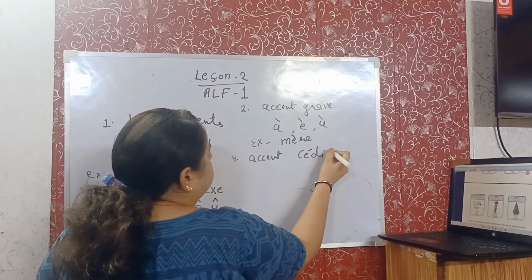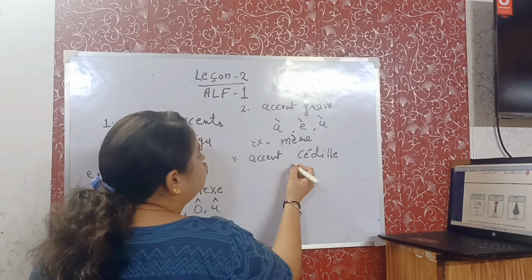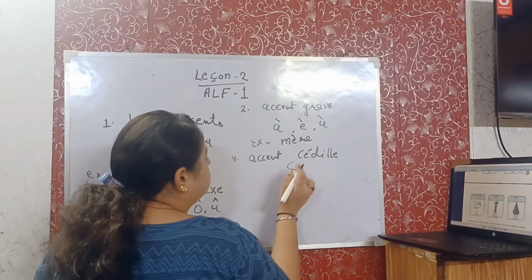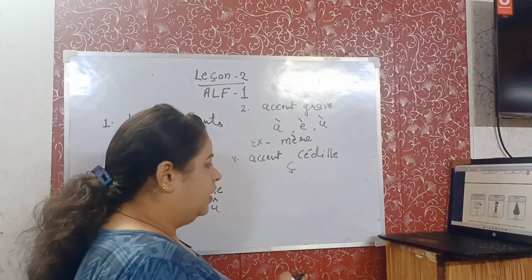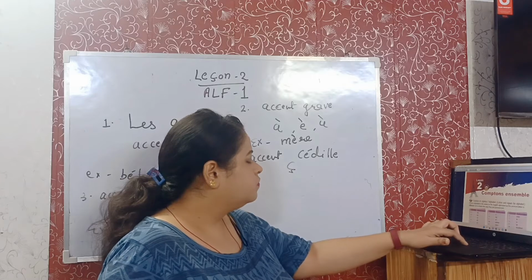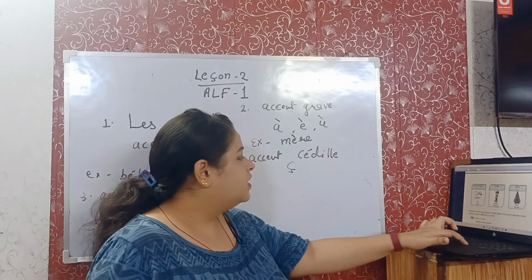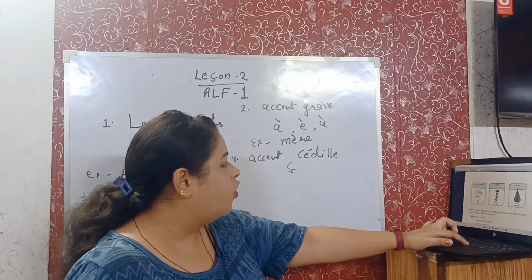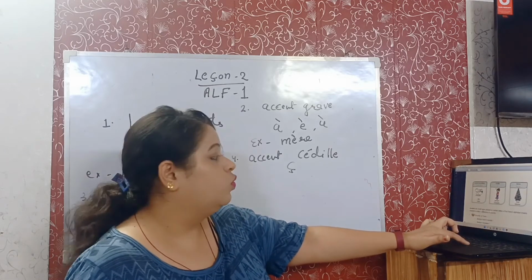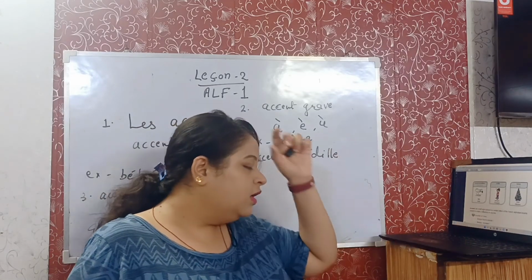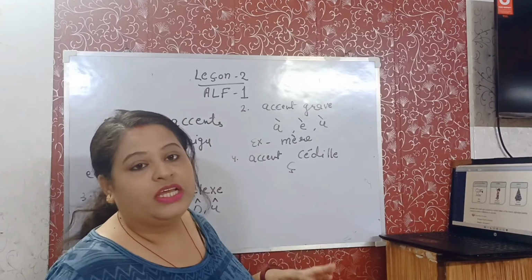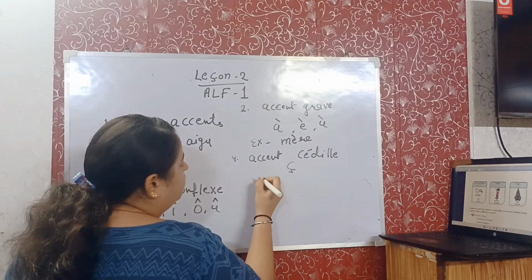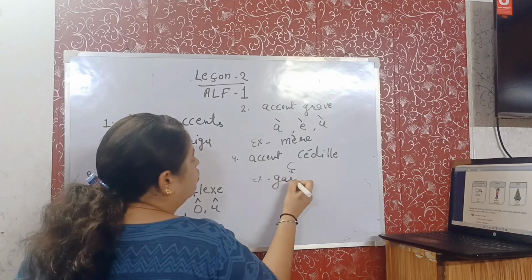Another is accent cédille, which comes only under the C. See, it's written: accents are small signs placed on certain letters of the French alphabet, mainly vowels, to make a difference in sound. Only the accent is used to change the sound. So this comes under C, and the example is garçon.